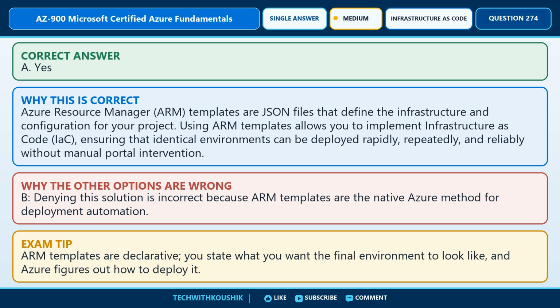The remaining options can be eliminated because B. Denying this solution is incorrect because ARM templates are the native Azure method for deployment automation. Keep this point in mind for the exam. ARM templates are declarative. You state what you want the final environment to look like, and Azure figures out how to deploy it.